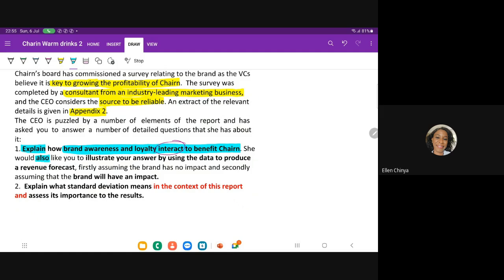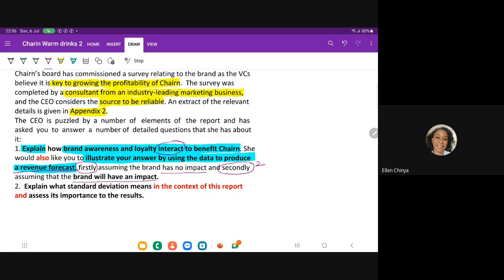She would also like you to illustrate your answer by using the data to produce a revenue forecast. Firstly, assuming that the brand has no impact, and secondly, assuming that the brand will have an impact. So in the second part, you have to illustrate your answer by using a revenue forecast, first by assuming that the brand has no impact, and secondly by assuming that the brand will have an impact.